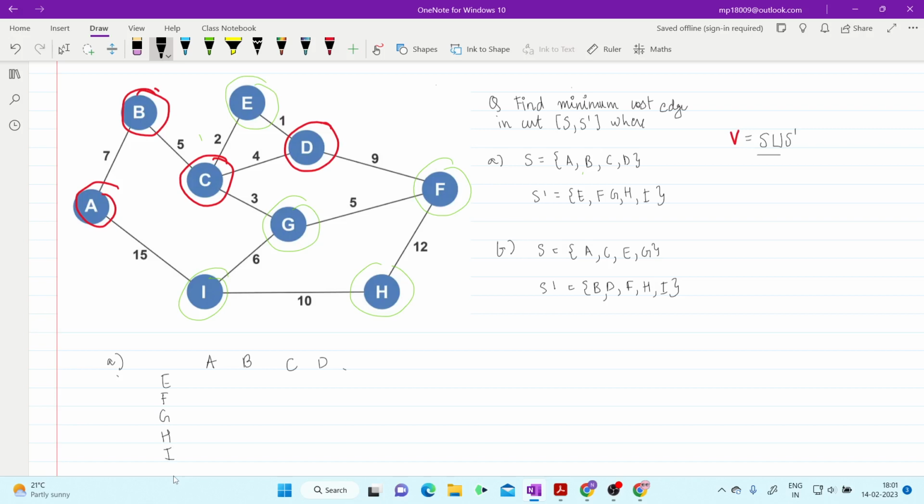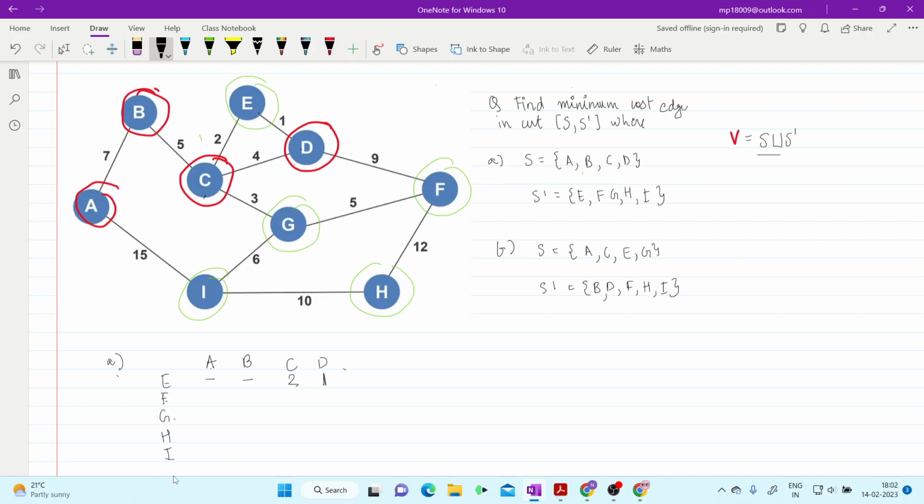And by GA we mean, if edge GA is present, the weight of that edge. So first of all E: E is connected with D and C, and D and C are in the other cut. So EA has no edge, EC will have weight 2 and ED will have weight 1.